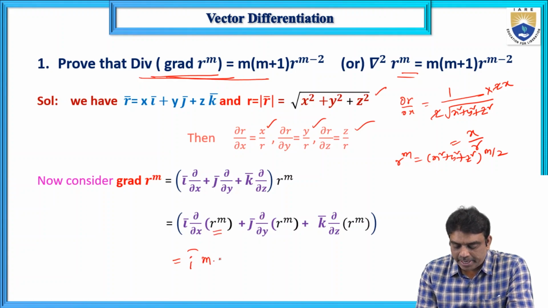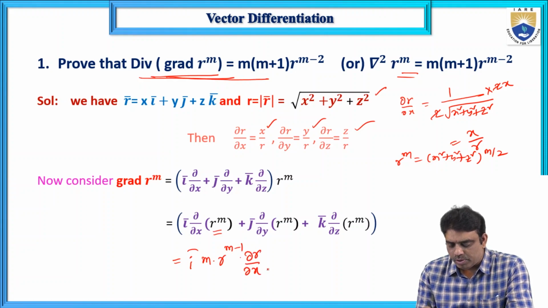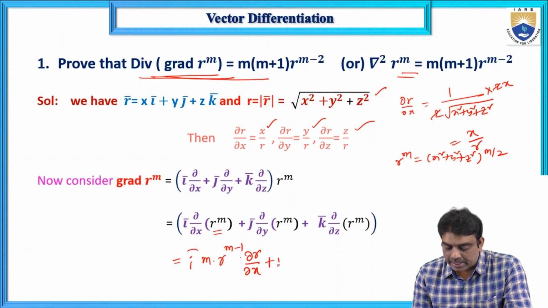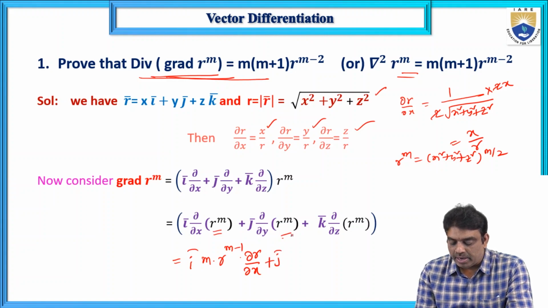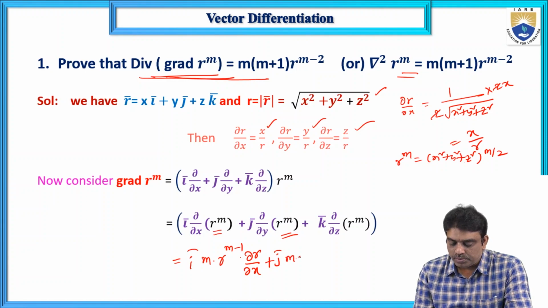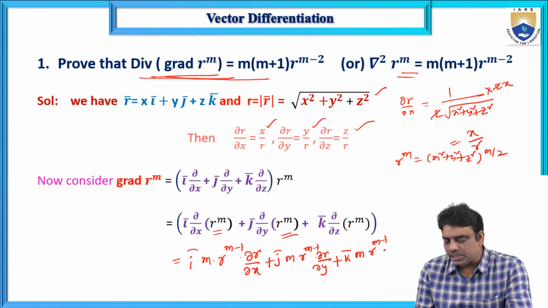So I can write m r^(m-1) ∂r/∂x, first term. Similarly j-bar ∂/∂y of this one. This r contains the y term also, so m r^(m-1) ∂r/∂y, plus k-bar m r^(m-1) ∂r/∂z.